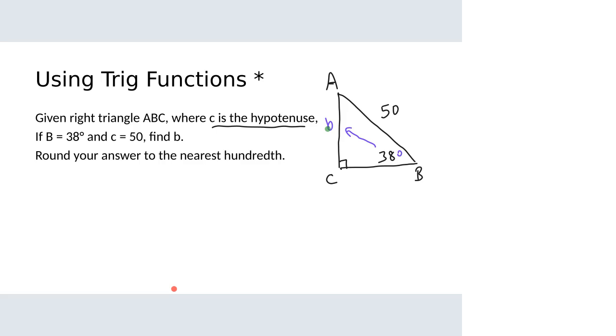I know an angle and a side length, so I'm going to use trig, which means I'm going to use SOHCAHTOA to figure out which trig function to use. And then it's going to be some trig function of that 38-degree angle is equal to some fraction. And then I'm going to solve my equation for the variable, and that's going to be the answer to my question. But there's a process here. It's not something that happens automatically or quickly even. There's a process.